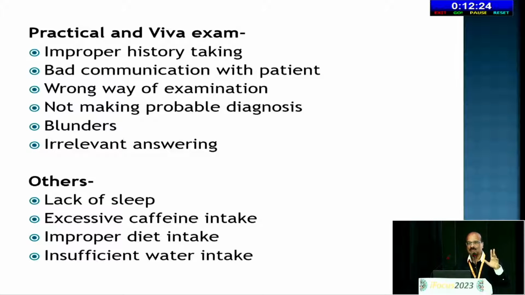Not making a probable diagnosis, that is most important: with your history, your symptoms, your signs, your clinical examination, the probable diagnosis is to be made first. Those blunders should not happen, and irrelevant answering should be avoided in the practical and Viva voce. Others are lack of sleep, excessive caffeine intake, improper diet, and insufficient water intake, all of which may create problems for you.